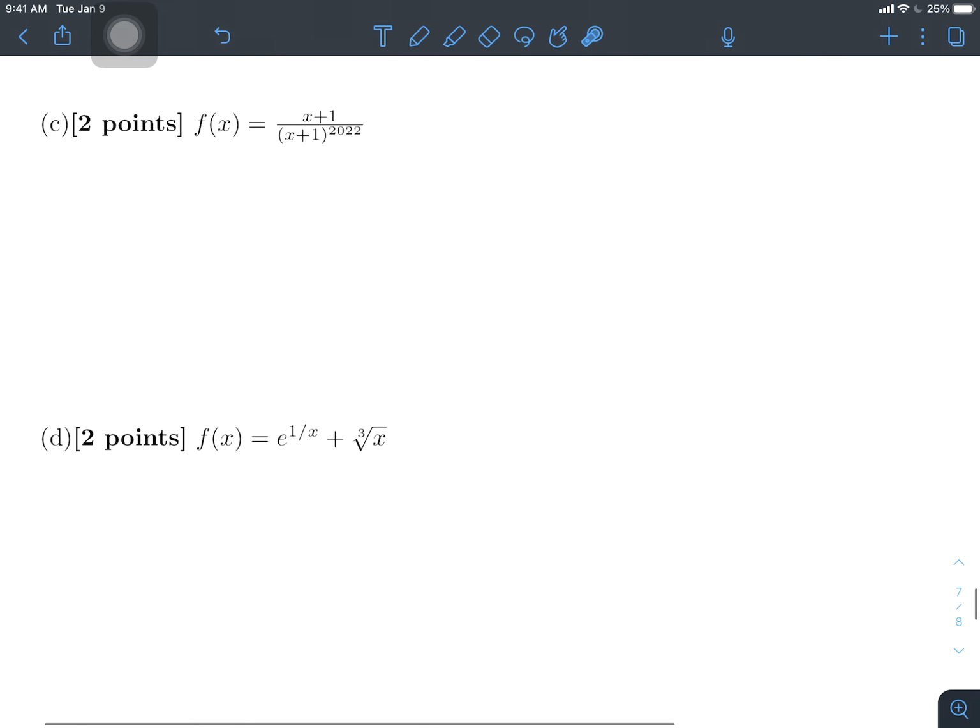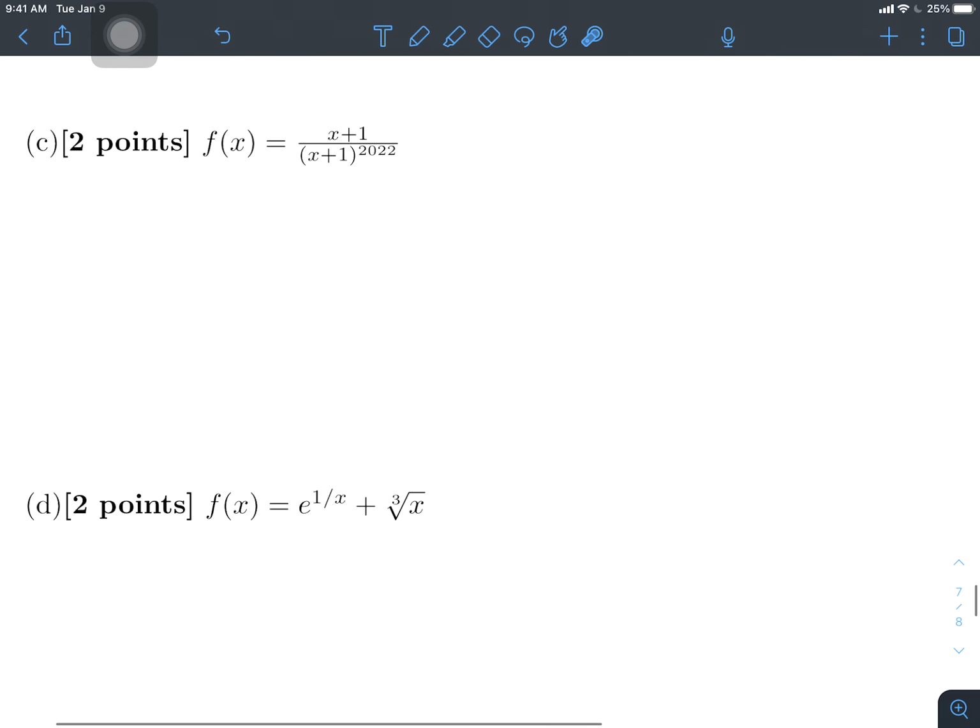All right, next up we have x plus 1 over x plus 1 to the 2022. So two ways you could do this. You could try to do it using the quotient rule if you want, or you can recognize that, of course, if I have something like x to the 1 over x cubed, then since I have the same factor in the numerator and the denominator, this would just become 1 over x squared.